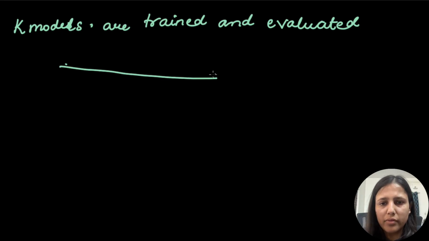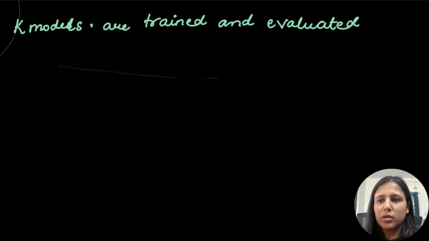So what you have is, let me create this in a better way. You have 1, 2, 3, up to K minus 1, K folds, right?